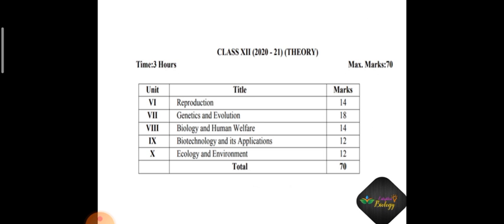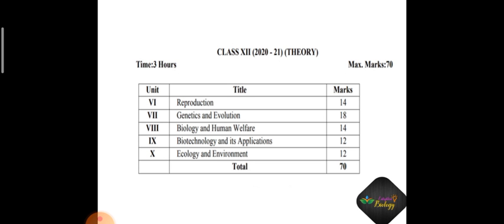Coming to the class 12 syllabus, we have 5 units. In class 11, we have 5 units. In continuation of that, the units are numbered 6, 7, 8, 9, 10. The 6th unit is reproduction, which is of 14 marks. The 7th unit is genetics and evolution, which is of 18 marks.